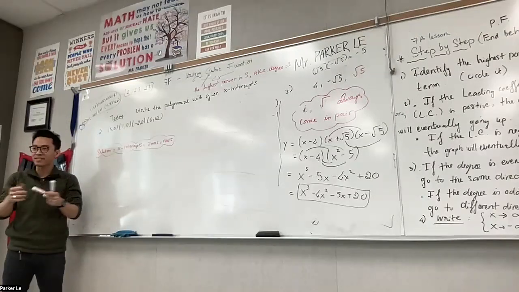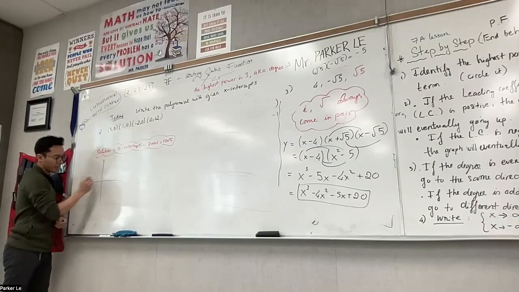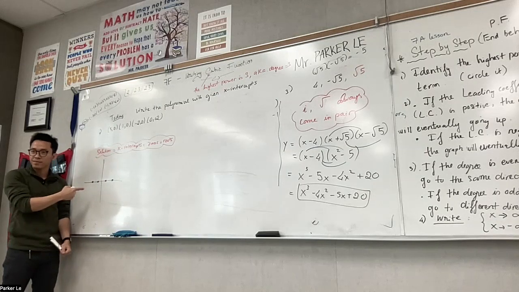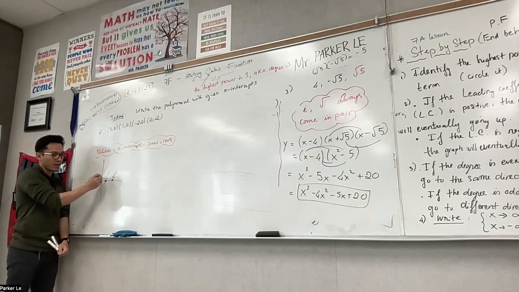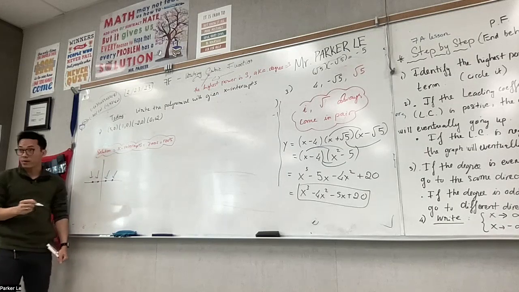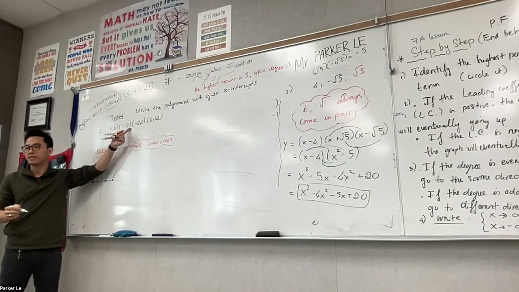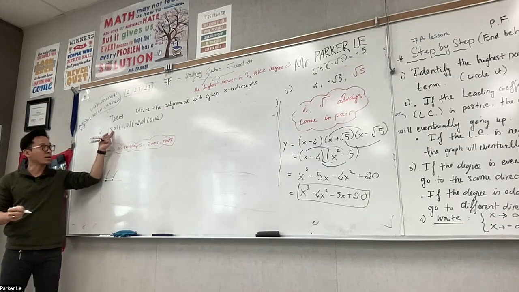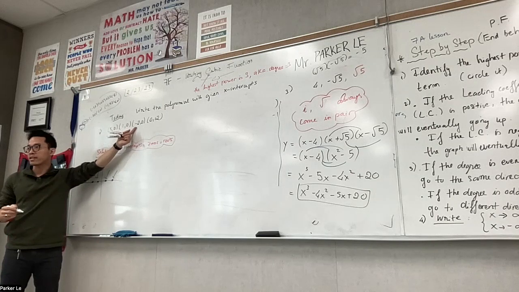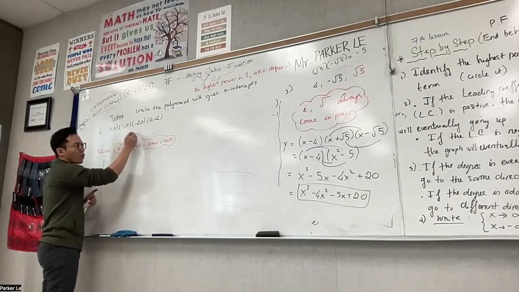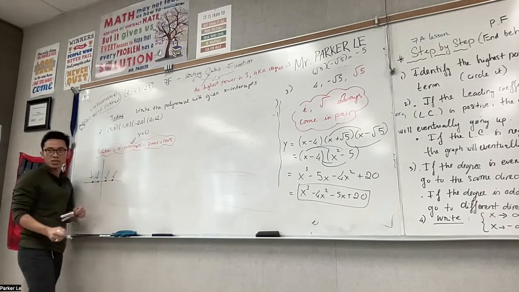Like this point here. This point is solution, this point is x-intercept. For this point, what is the y? Zero. So the one that has y equal to zero is the solution.